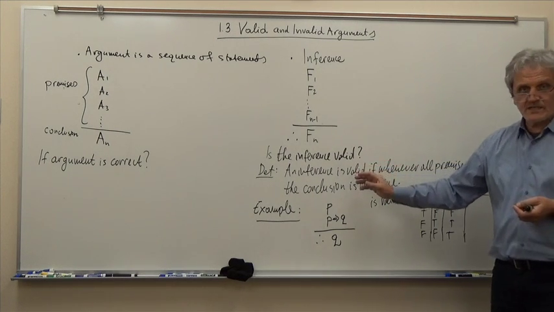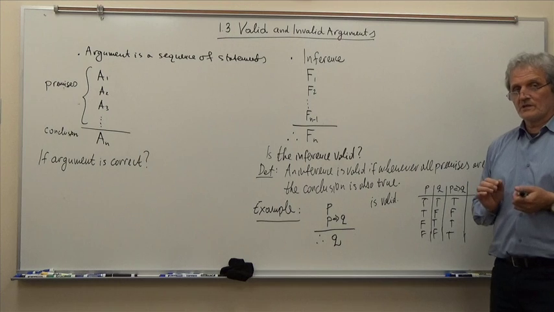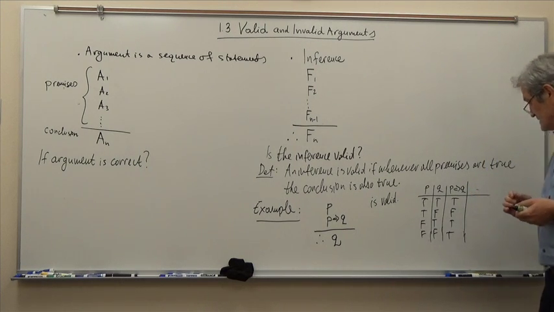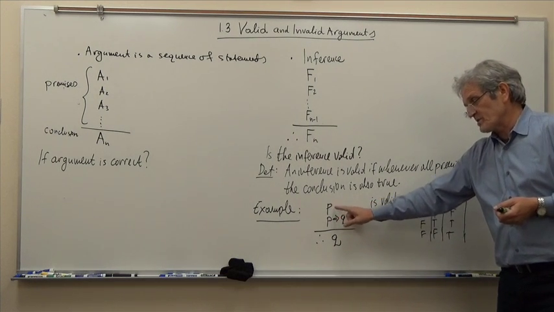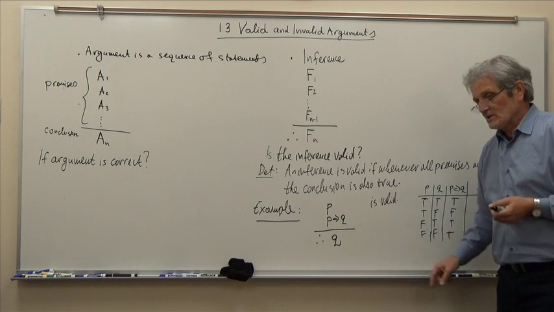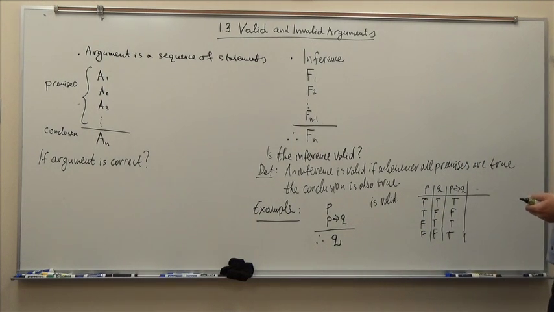The definition says, in order to say that this inference is valid, we need to test all the lines where both premises are true. There are two premises here, so let's only consider those lines.